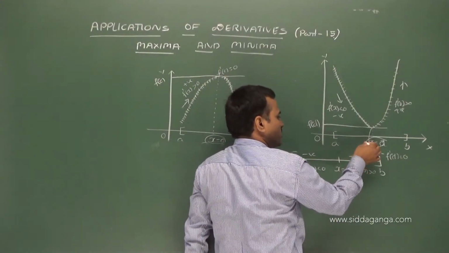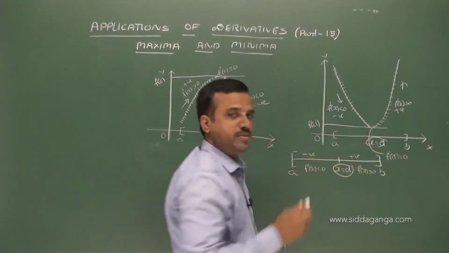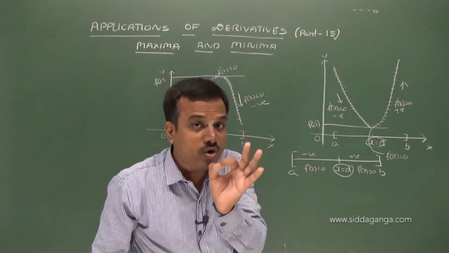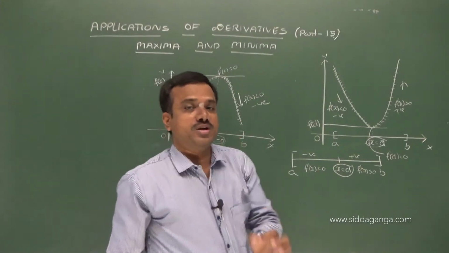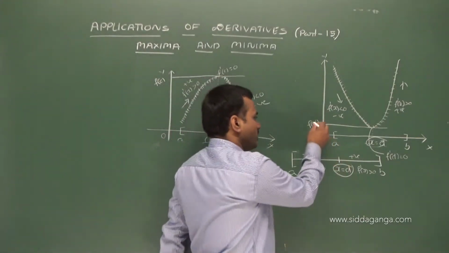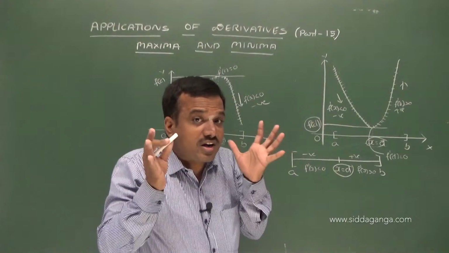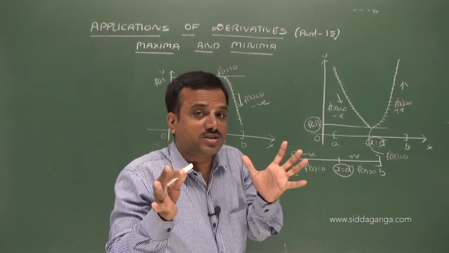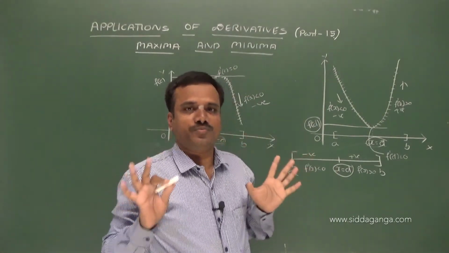If this condition is satisfied, the point D, x equal to d, we call the point of minima. And f of d we call the minimum value.